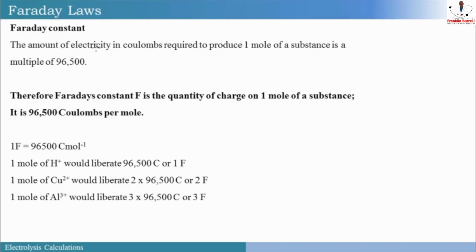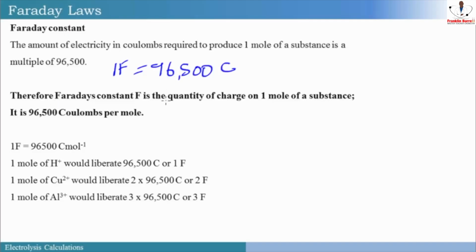So the amount of electricity in coulombs required to produce 1 mole of a substance is a multiple of 96,500. And this is Faraday's constant. So from that, you can get that 1 Faraday is equal to 96500 coulombs.